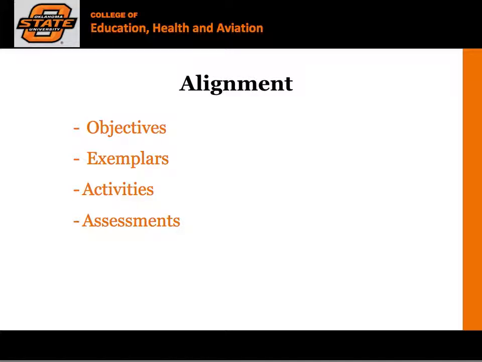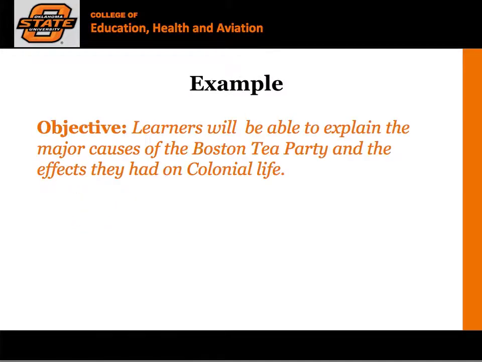So let's just pretend you have an objective. We're going to use this example right here: the objective is that learners are going to be able to explain the major causes of the Boston Tea Party and the effects they had on colonial life. This is actually something that I used to do with my middle schoolers. So let's talk about some possible activities here, right?